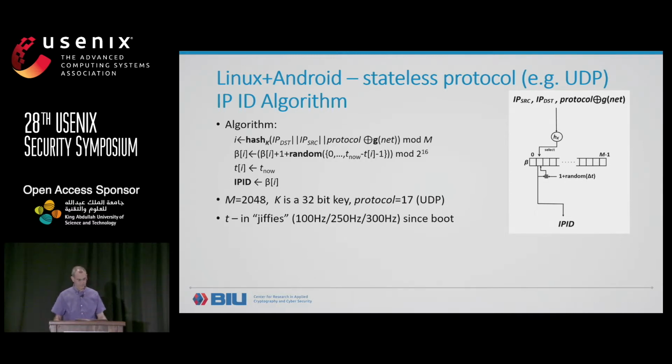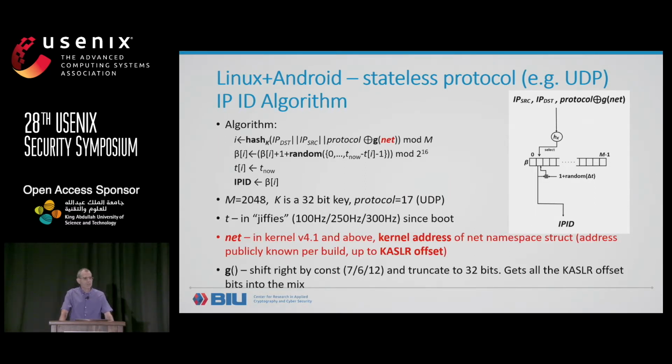And we use that for the IP ID as well. In this case, we have over 2,000 counters, and this timer is the jiffies timer, which is a 100 hertz, 250 hertz, or 300 hertz clock counter initialized at boot. What is net? Net is actually a kernel address of a static kernel variable. So it has a known offset from the kernel image load address, up to, of course, KASLR.